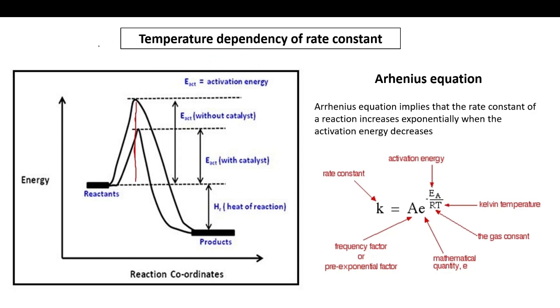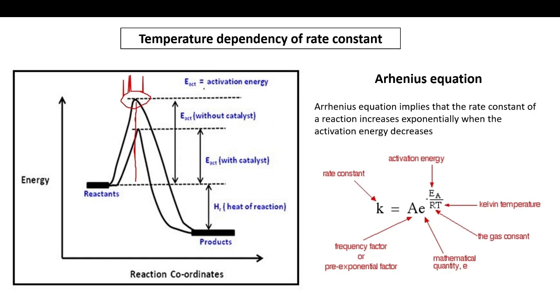So this is a transition state through which every reactant has to go to convert into its product, and the energy required for reaching from the reactant to the transition state is the activation energy. So the more the activation energy, the lower is the rate constant.